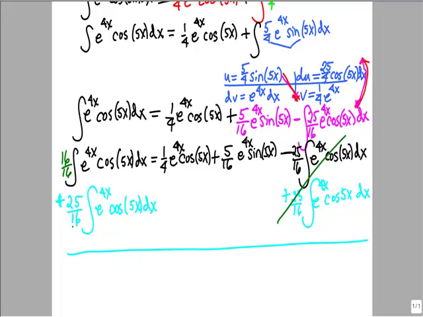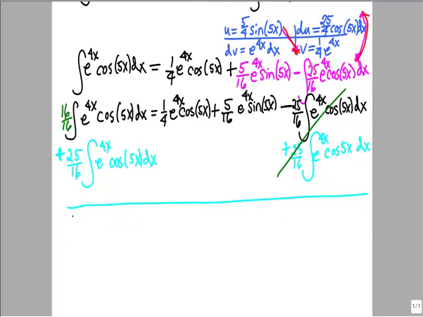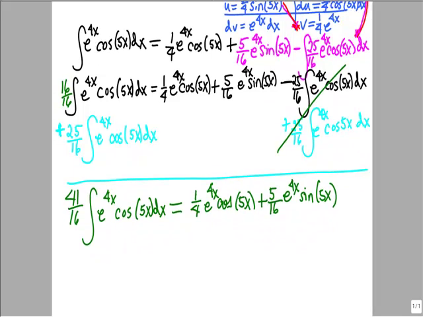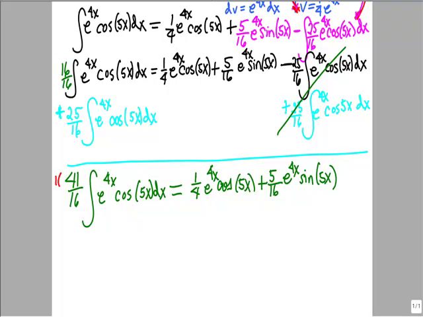So altogether we have 41/16 of this equals whatever we have on that side: 1/4 e to the 4x cosine 5x plus 5/16 e to the 4x sine 5x. So now, you guys, we're going to multiply everything through by 16/41.